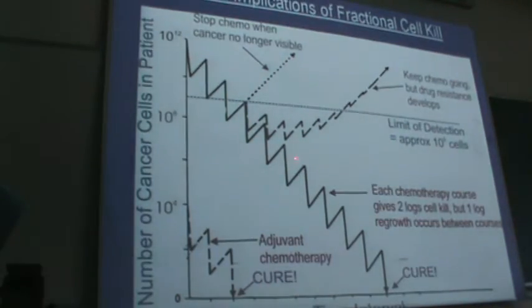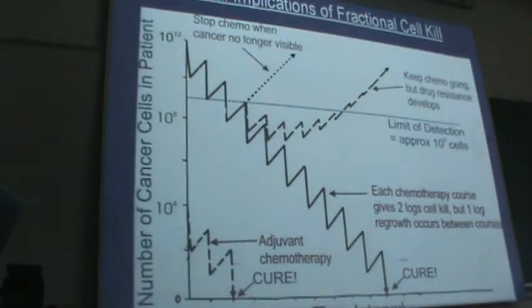And another problem is that the cells are not homogeneously responding to the chemotherapy. So the patient will develop other cells resistant to this chemotherapy, which will bypass the mechanism of action and they will start to grow. So for this reason, it is quite difficult to rely on chemotherapy alone in solid tumors.